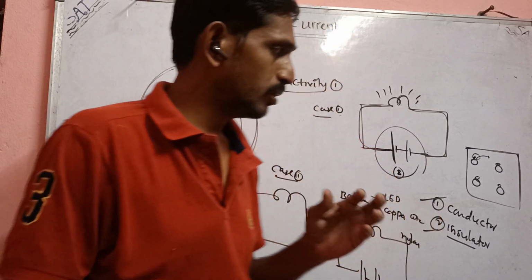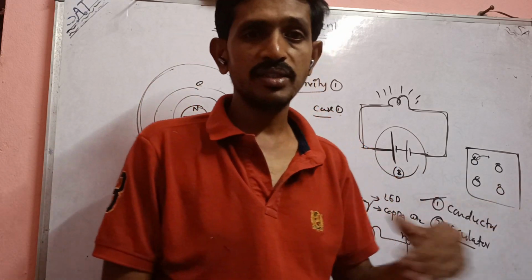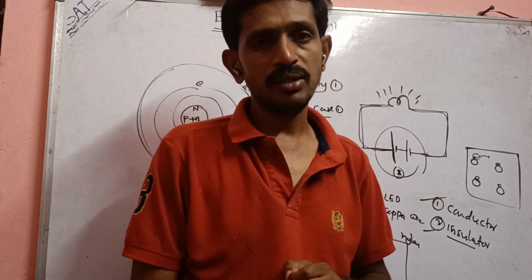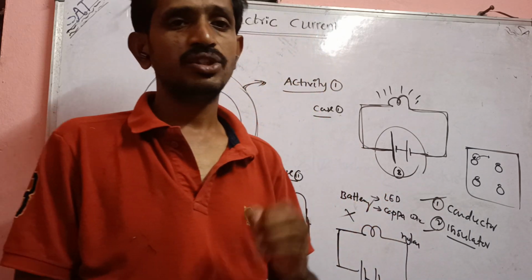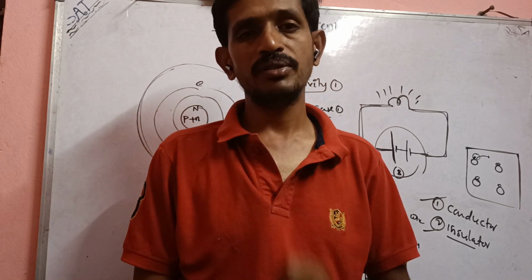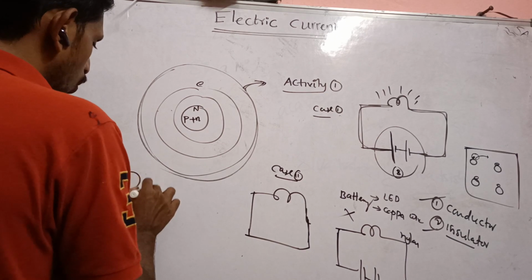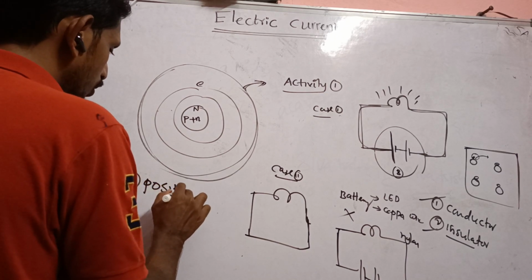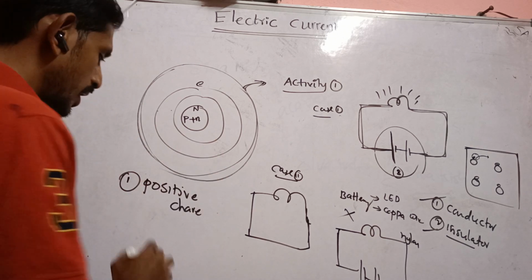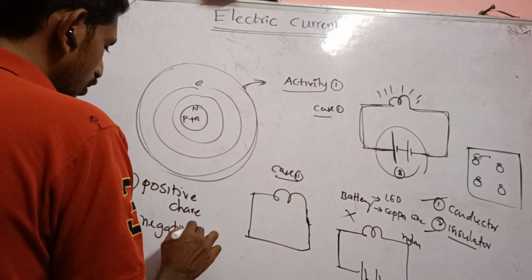So when the charge is flowing, then the current is flowing. Now I'm going to tell you how many types of charges there are. Generally we have two types of charges: one is a positive charge, the second one is a negative charge.